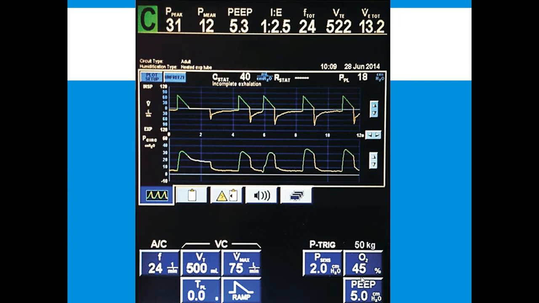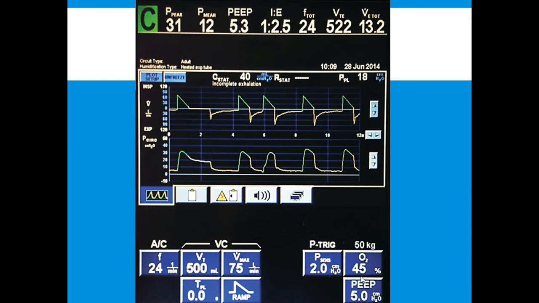The IE is inspiration expiration. So the IE ratio is the ratio of the duration of inspiration and expiratory phases. It represents a compromise between ventilation and oxygenation. A normal IE ratio is 1 to 2. If you want more inspiratory time, then your IE is 1 to 1.5 or 1 to 1.